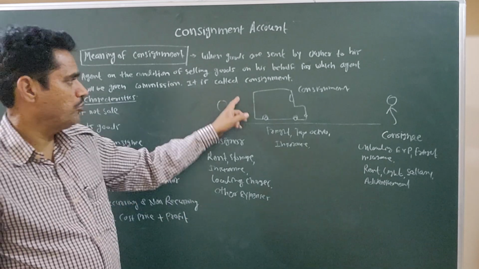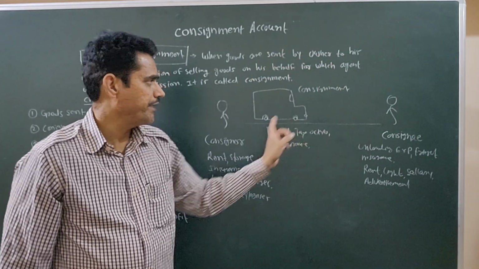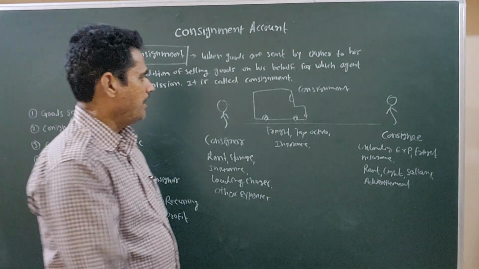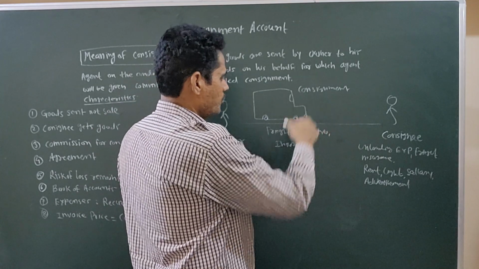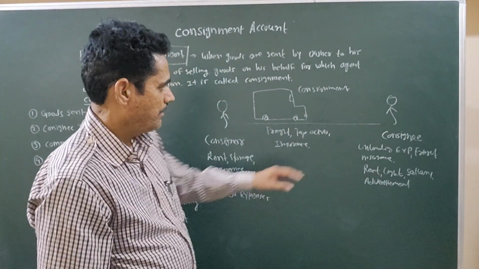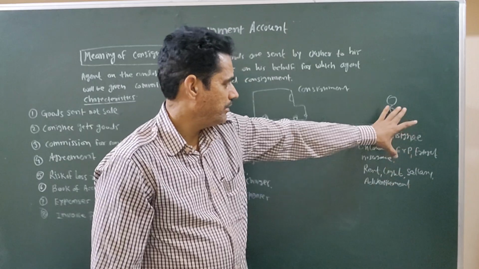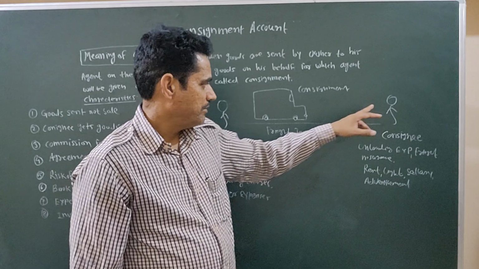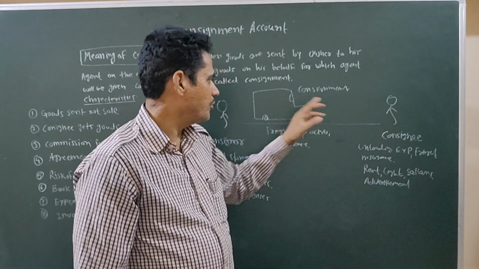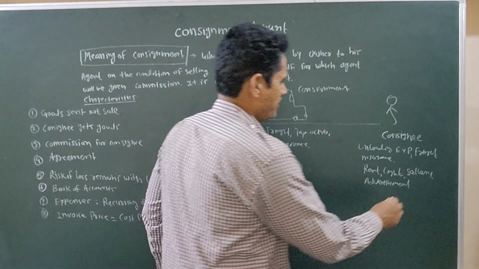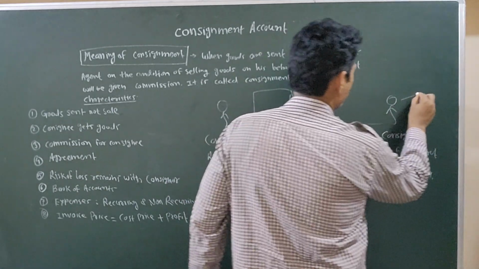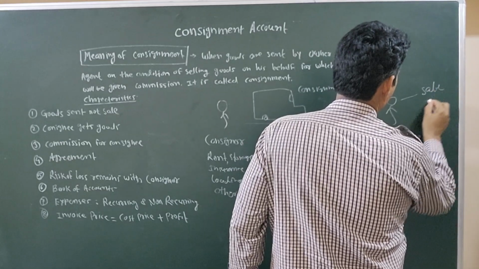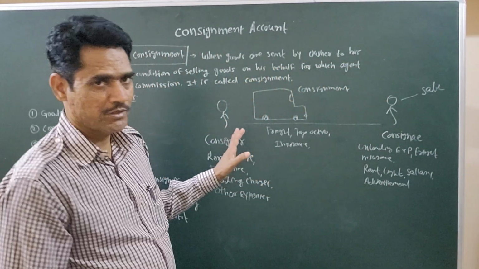So the consignor sends goods to the consignee, that is a consignment. After getting the total goods, all expenses are made by the consignee. And after this, the consignee sells all goods.